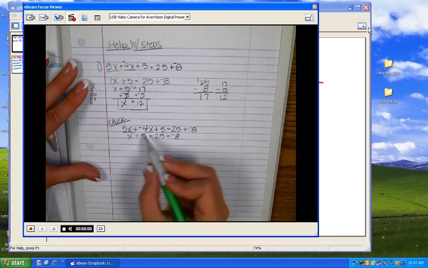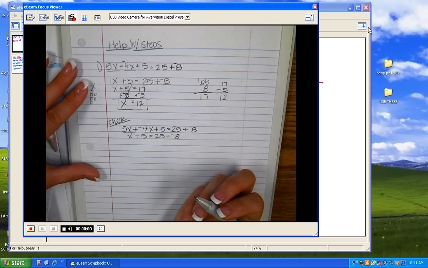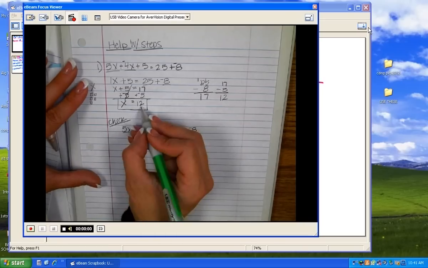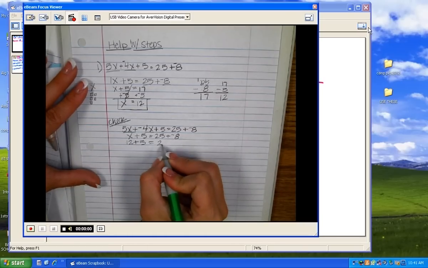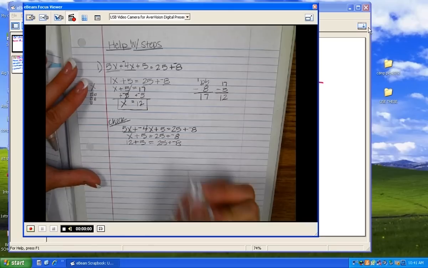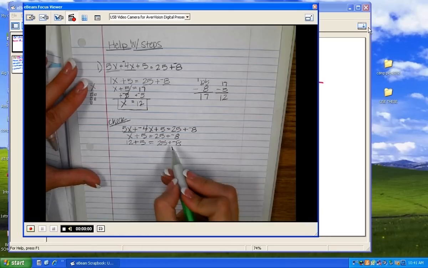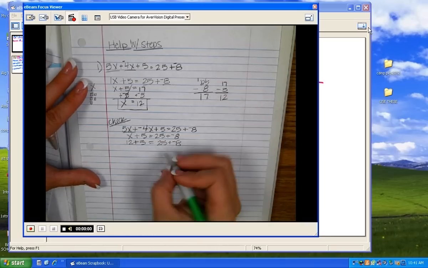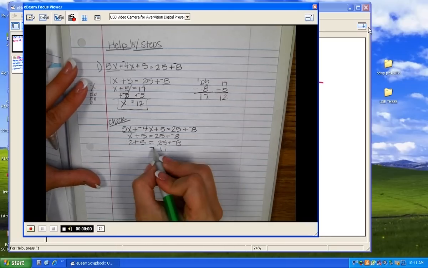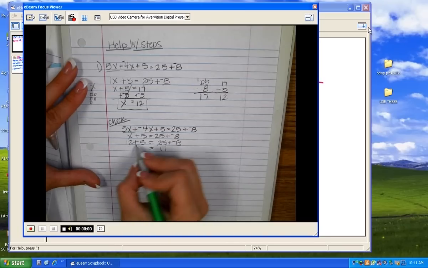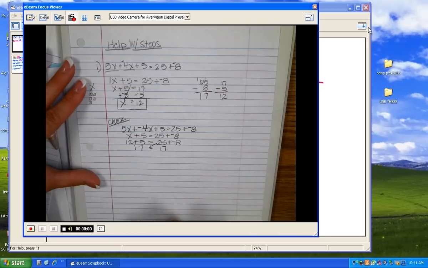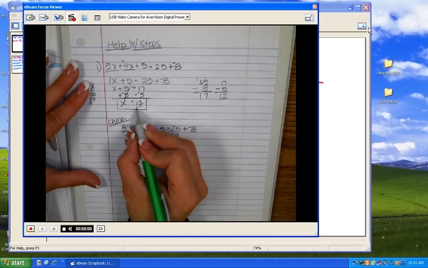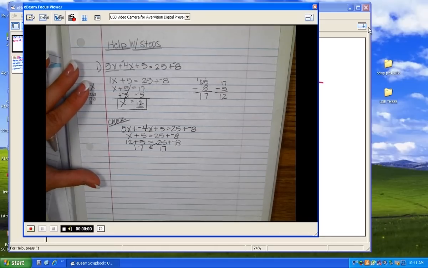I could have plugged it in here. It just makes much bigger numbers, so if I combine them first, it's a little bit easier. So I'm going to take my 12 and plug it in for x and write my problem. Okay, I did 25 plus a negative 8 once, and I got 17. So I'm going to put it there. And 12 plus 5 is 17. And 17 equals 17. So that means I did my problem correctly, and 12 really is the answer for x.